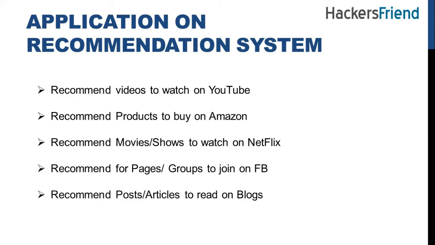We also see this kind of recommendation on blogs or any sites where we read articles, and all these recommendations are done based upon research in the background. This research is done by a recommendation system.